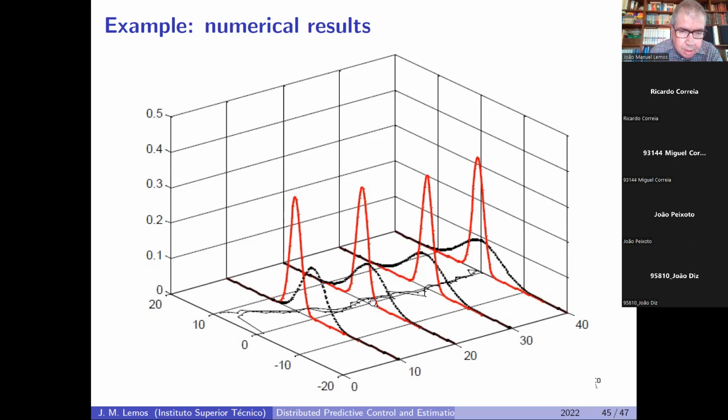Then you have the estimate that starts at 0 and converges to the true state. This estimate is nothing more than the mean value of this red Gaussian, which is the density function of x_t given all the observations up to time t.